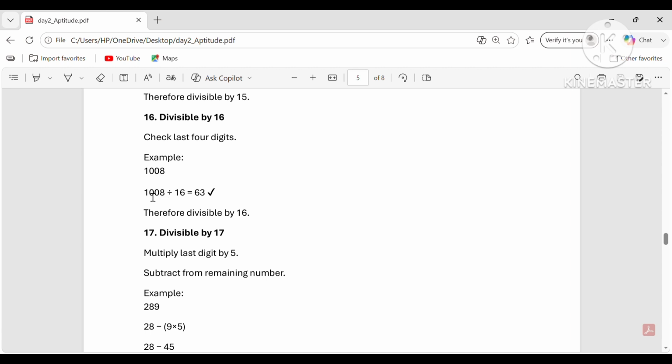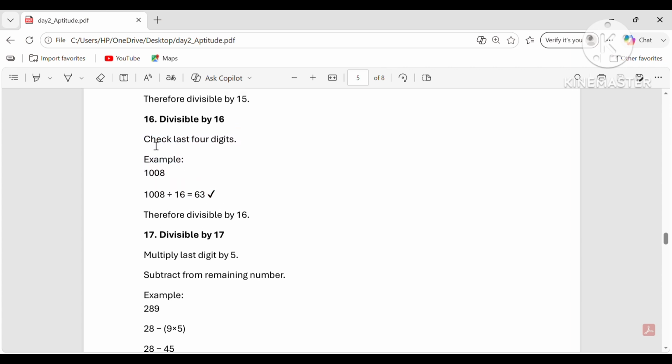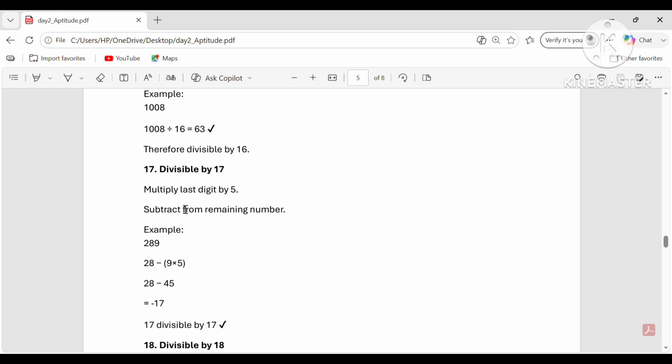Divisible by 15. It must be divisible by 3 and 5. Why? Because 3 into 5 equals 15. And this is the number we got, and we need to check whether that number is divisible by 3 and 5.